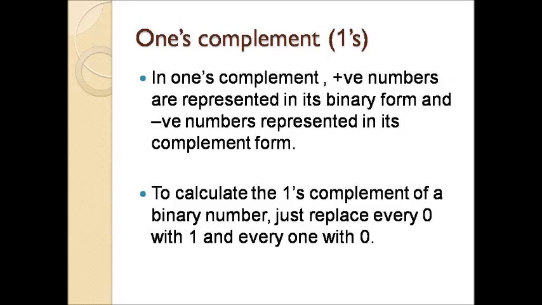It is quite easy, because the 1's complement of a binary number can be found by replacing every 0 with 1 and every 1 with 0. Let me repeat. To find the 1's complement of a binary number, we replace every 0 with 1 and every 1 with 0.